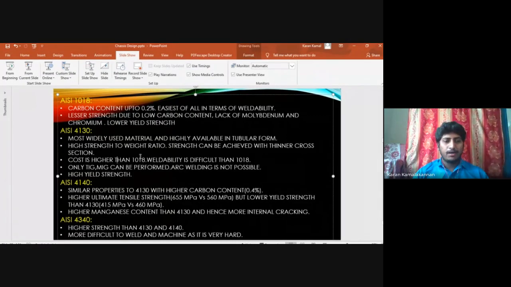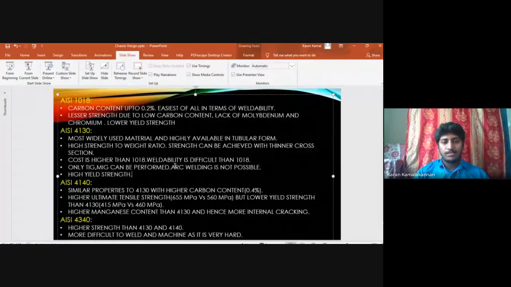The cost is higher than 1018, but not as much as you think. For example, 1 kg of 1018 costs 320 rupees, and 4130 costs just 350, so 30 rupees is not a big difference. But one thing is weldability. Only TIG and MIG welding can be performed with 4130, because the carbon content is more, so naturally weldability will be less.